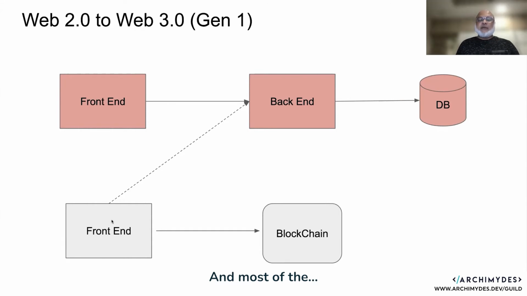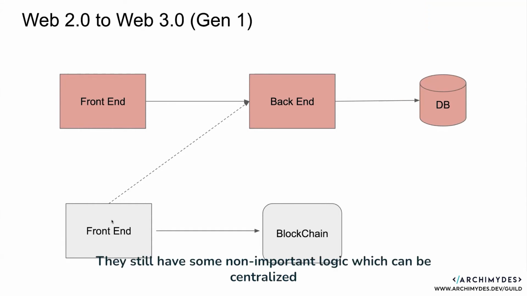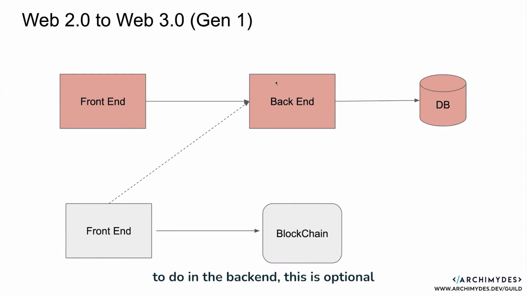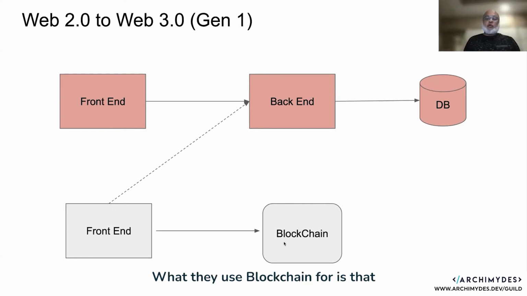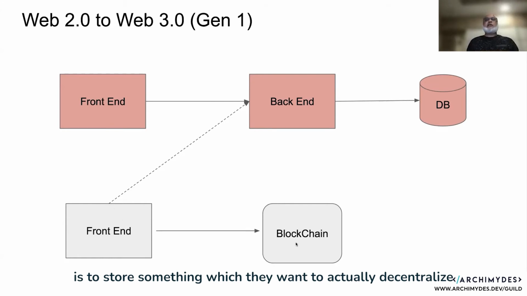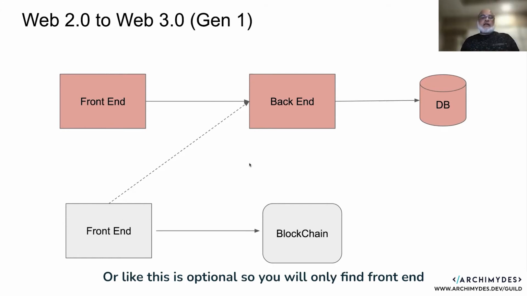And most of them still have some non-important logic which can be centralized to do in the backend. This is optional, and they store in some traditional DB related stuff. What they use blockchain for is to store something which they actually want to decentralize, or this is optional.